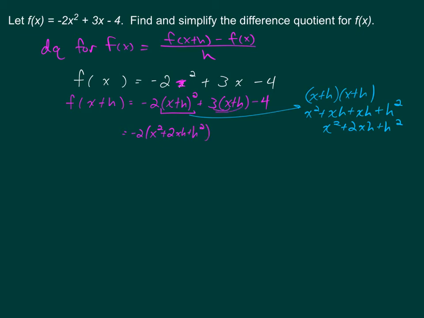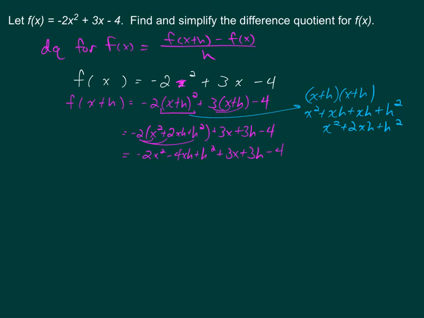And you can also distribute this 3, so plus 3x plus 3h minus 4. And when you distribute this -2 through everything here, you'll get negative 2x squared minus 4xh plus h squared plus 3x plus 3h minus 4. So right here is what you get when you simplify f of x plus h. And as far as I know, none of these terms can be combined.